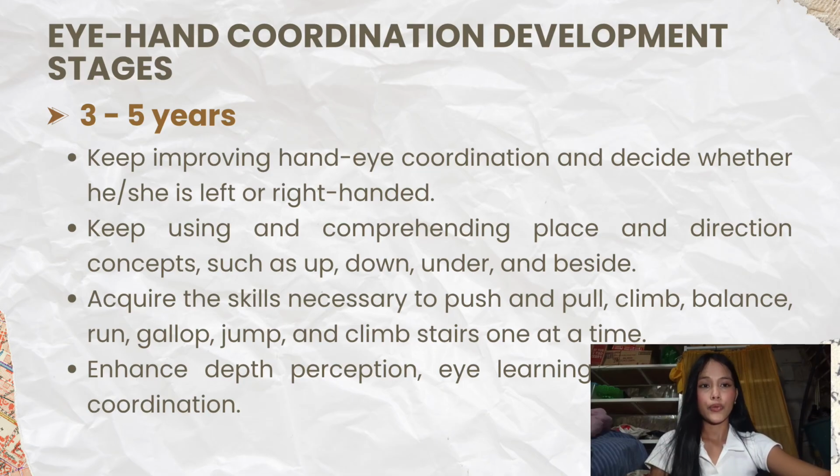They learn these in this stage. They also understand more directions other than up, down, and in, like under and beside. Their depth perception and coordination also get stronger, so they become more confident in moving and playing.